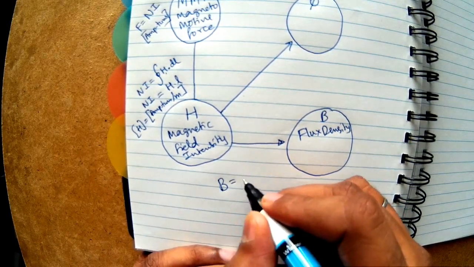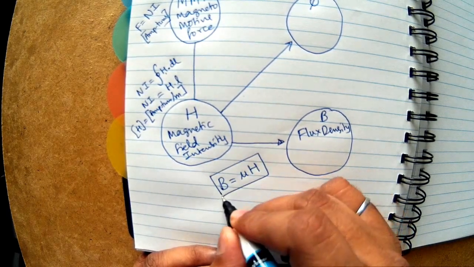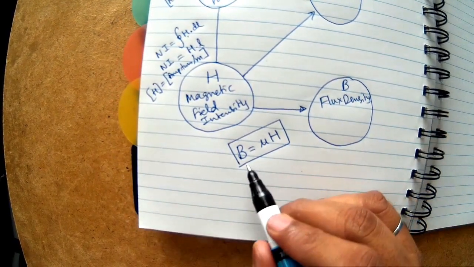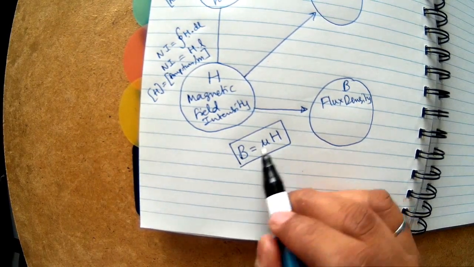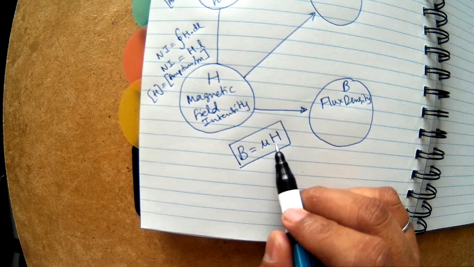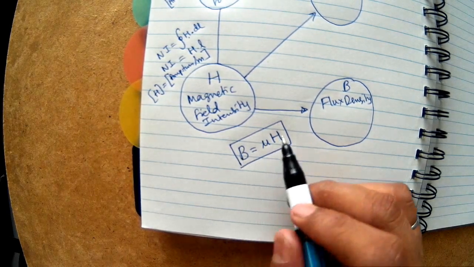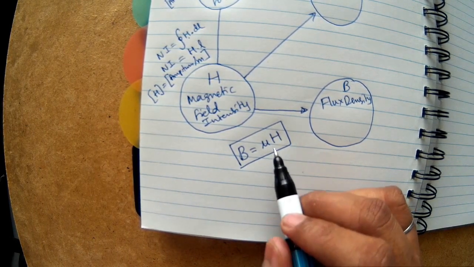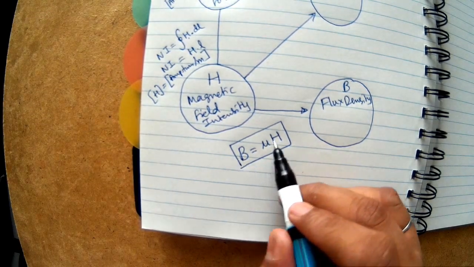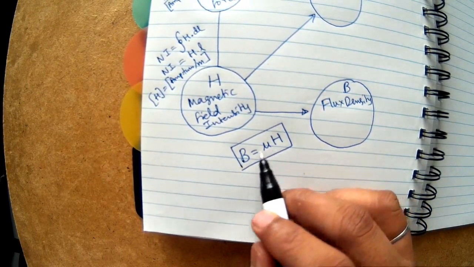B is equal to mu into H. Now if you look at it, it looks like these two have a linear relationship, but that is only true for low values of flux density. After a point, the flux density cannot increase more, even though the magnetic field intensity is increasing. This linear relationship does not hold for all values, only for small values.